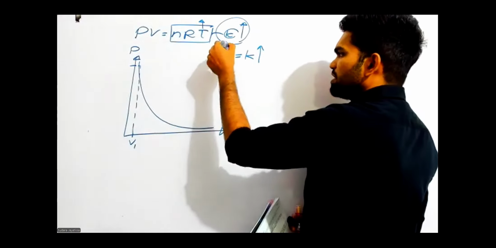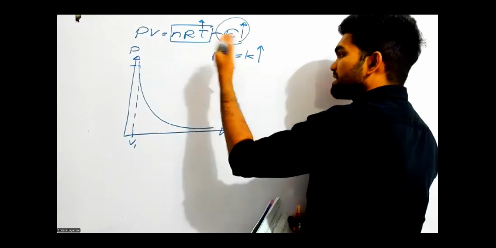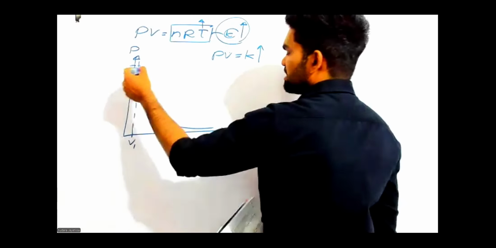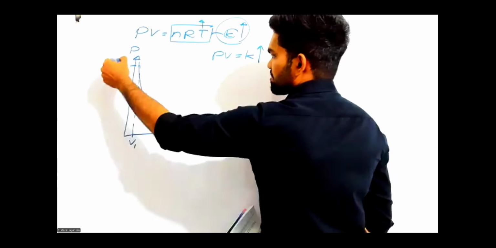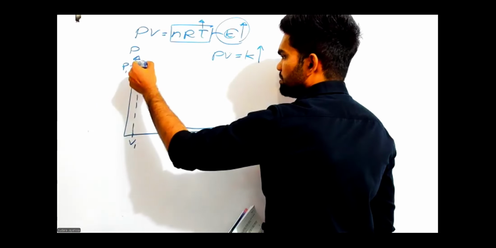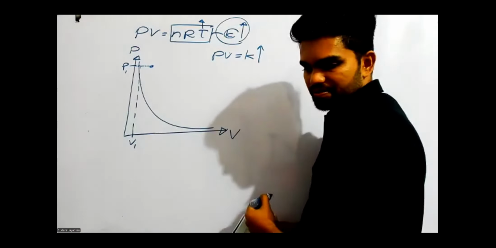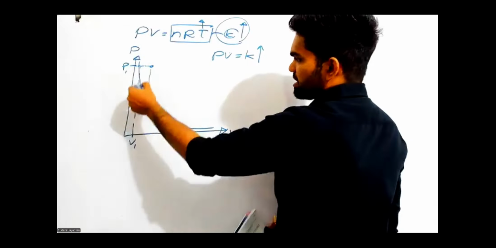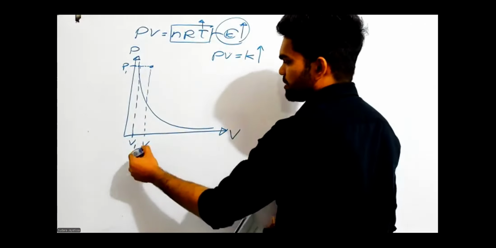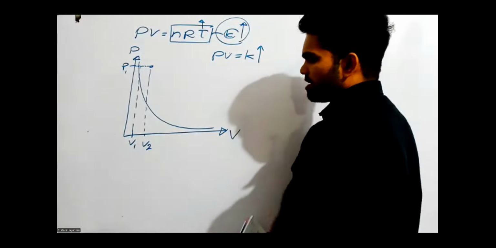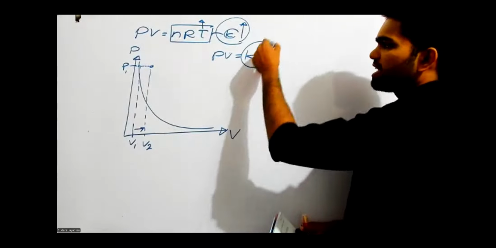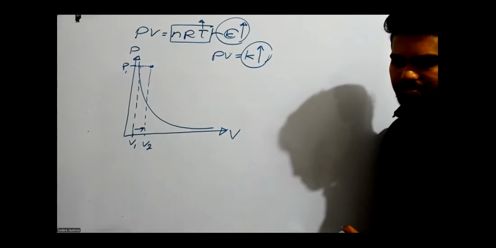Sorry, if I increase the temperature, and consider the same pressure, P1, our new volume should be a higher one. Let's say this is V dash, or you can say V2. So volume should be a little bit higher. Why? Because the value of K got increased.